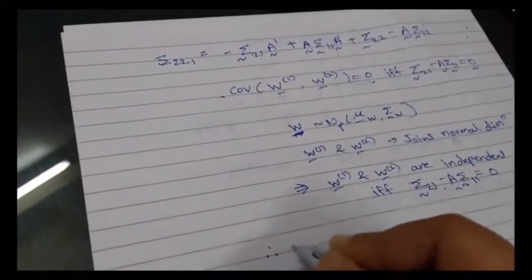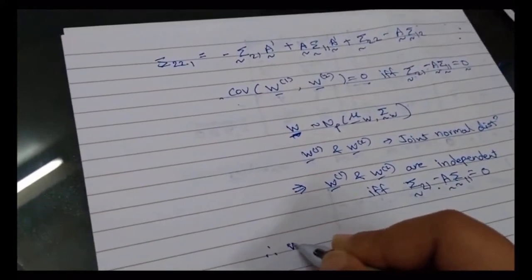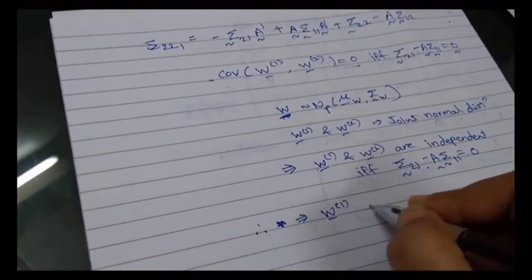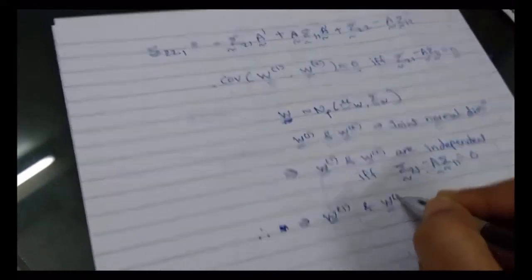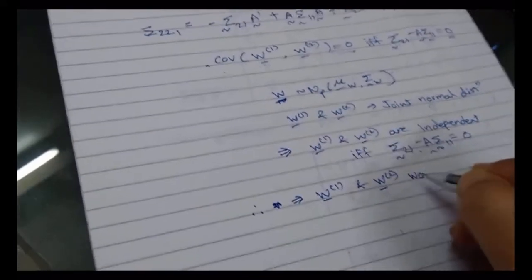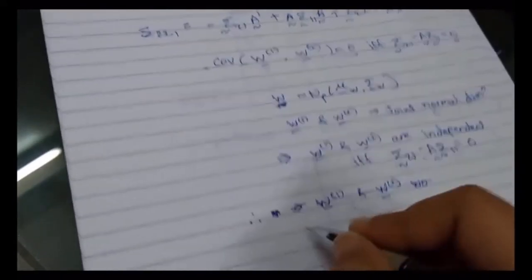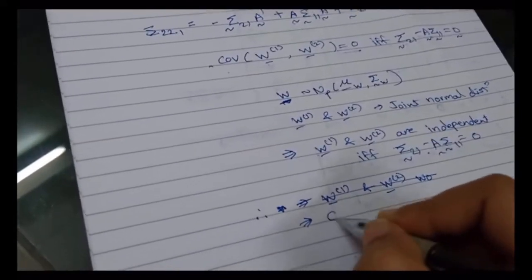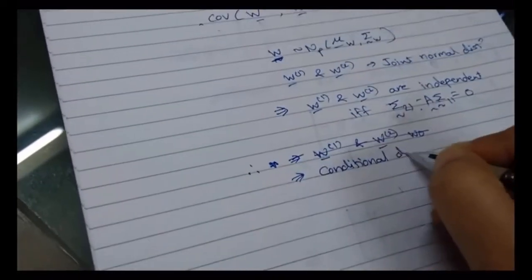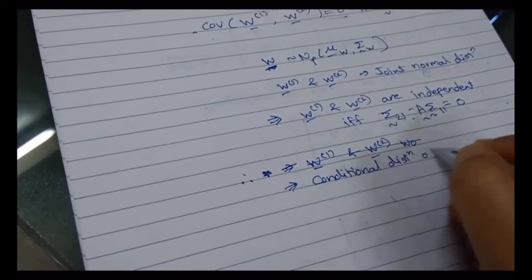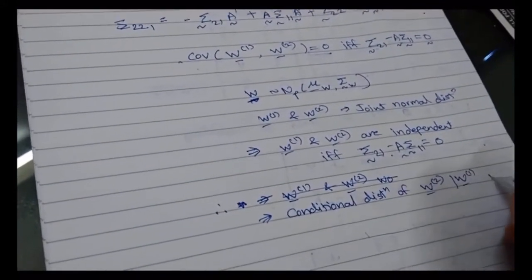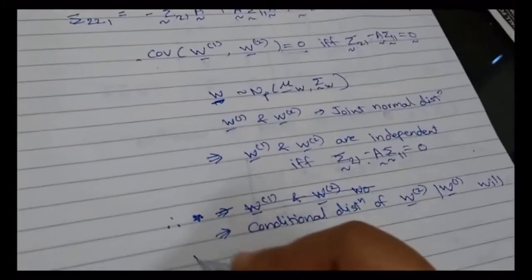So, therefore, this would imply that the conditional distribution of W2 given W1 will be the same as the marginal distribution of W2.